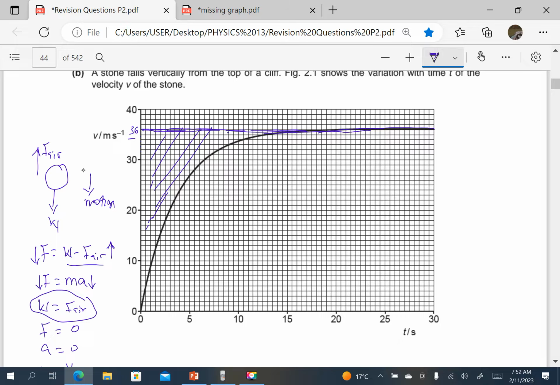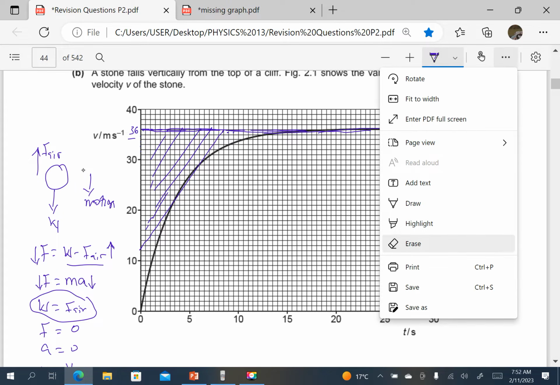I'm drawing a tangent here so that I remove a triangle from this grid.